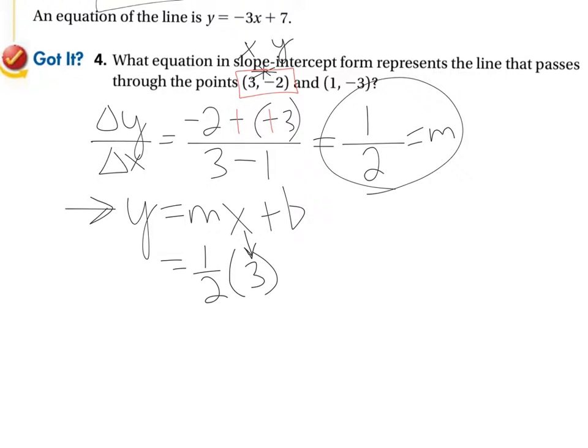There's less of a chance of substituting the wrong number in for the x or the y, because that's a common mistake if we're not careful. The y is -2, and we're trying to find out what our y-intercept is. So it's just substituting the slope and then one of your points, x and y.